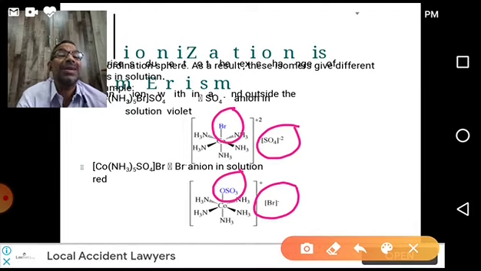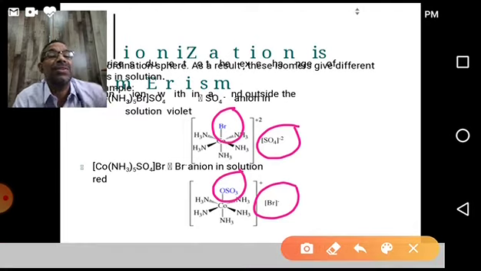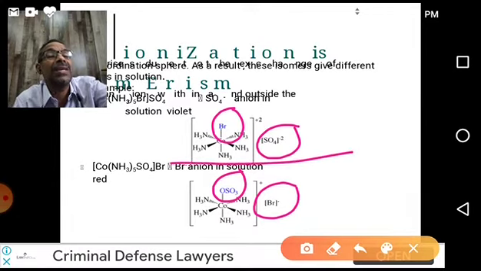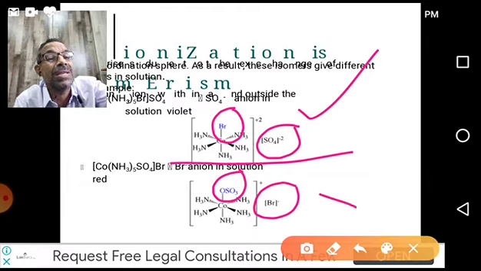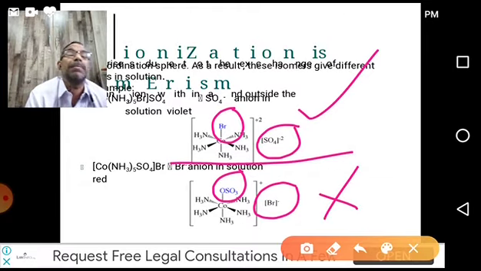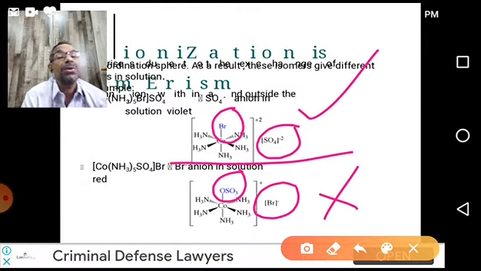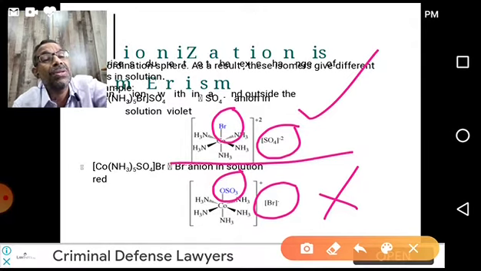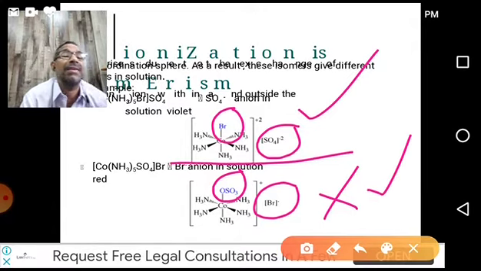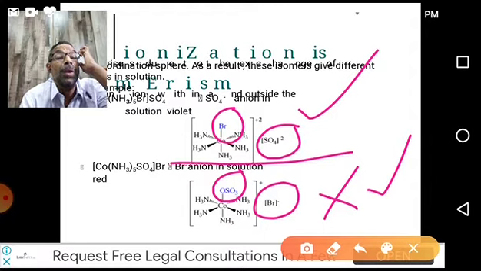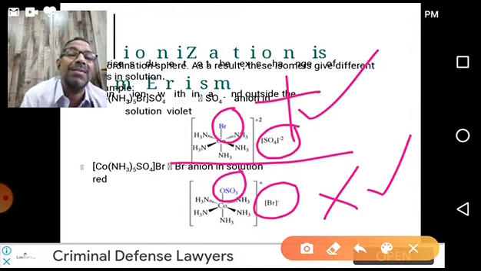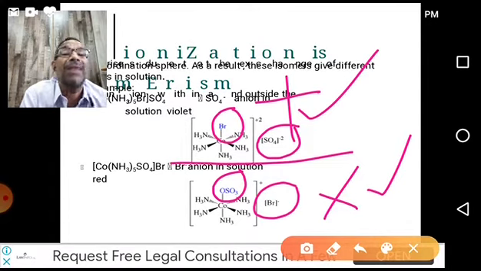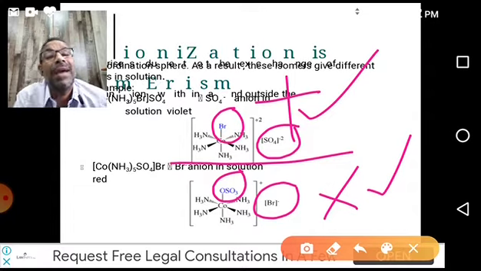Bromide is the counter ion in the second example, whereas sulfate is the counter ion in the first. That's why properties are changing. This compound in solution gives a white precipitate with barium chloride. This compound doesn't give a white precipitate with barium chloride. Whereas this compound gives a pale yellow precipitate with silver nitrate, this one doesn't, because of lacking free bromide ions in aqueous solution.